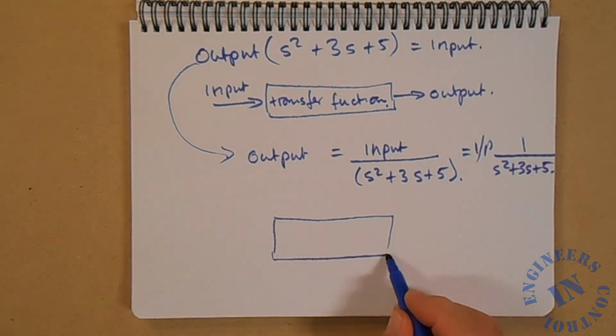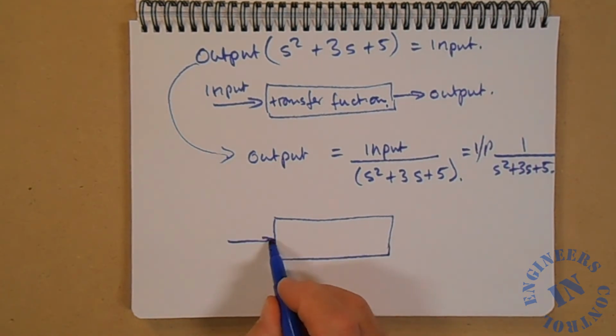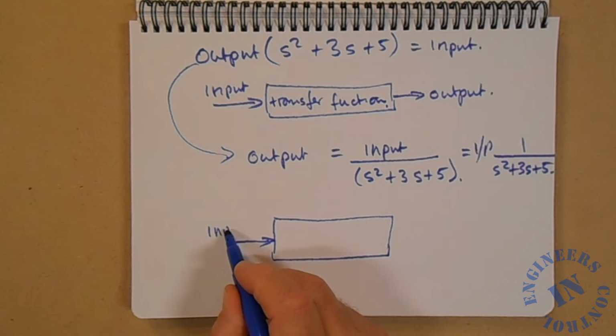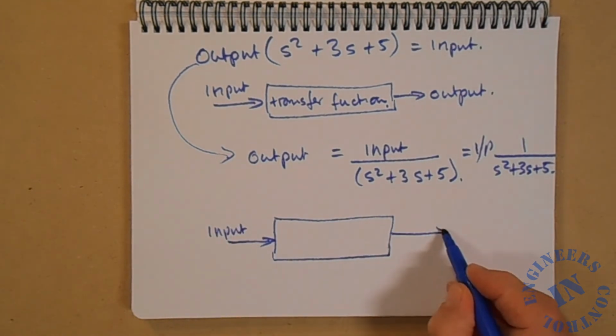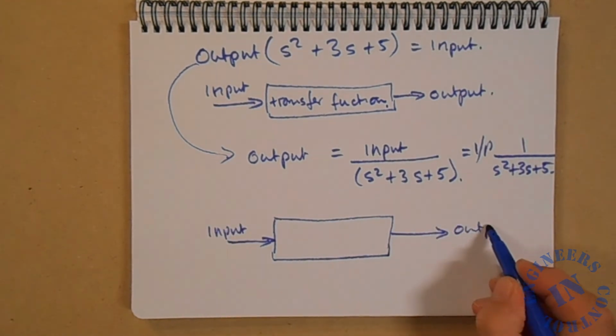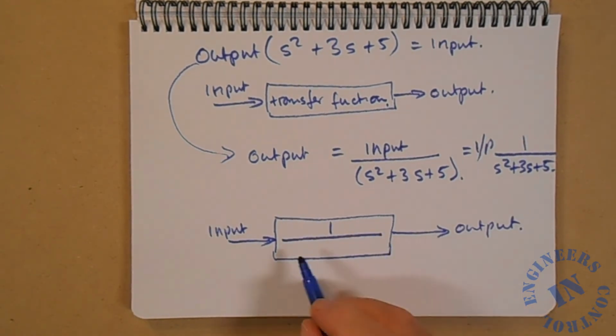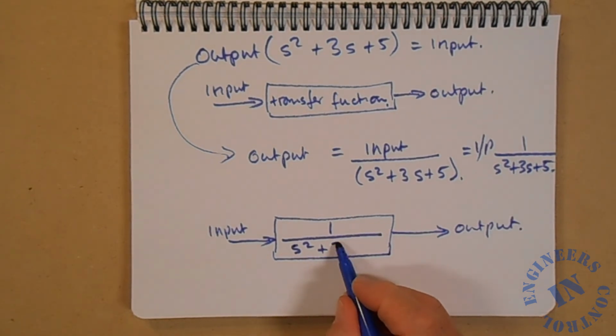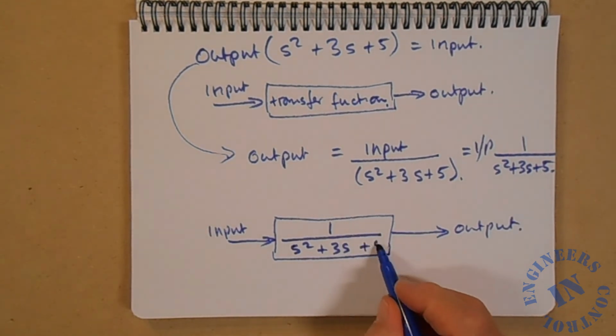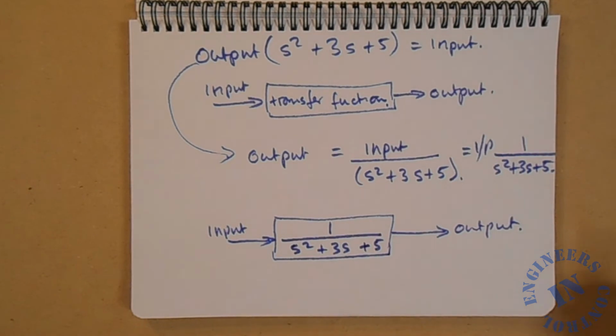Translate that into a transfer function: input, output, 1 over s squared plus 3s plus 5, and there's our transfer function.